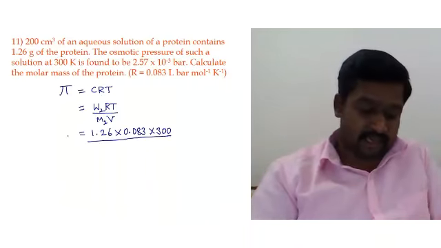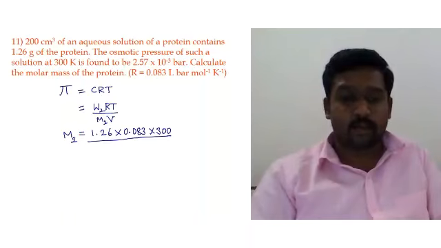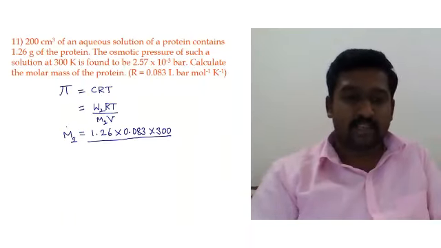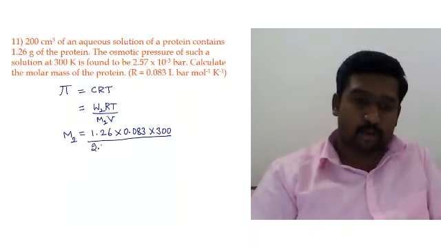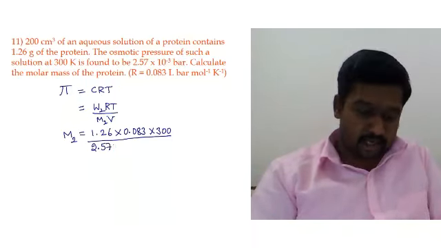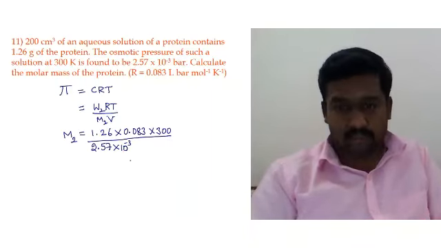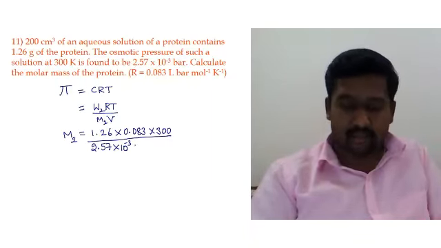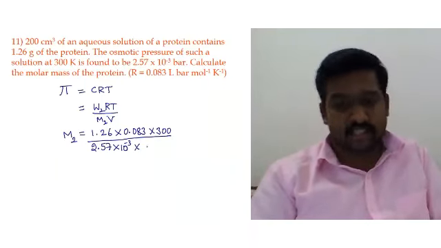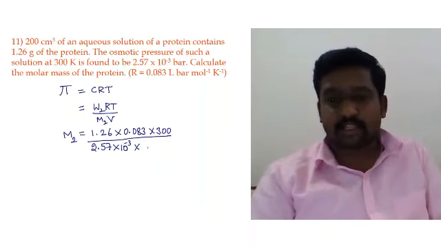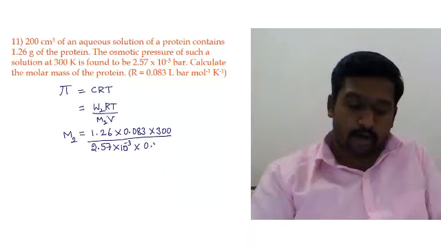I will consider directly pi here because I want to calculate molar mass M2. Cross multiply M2 to LHS, pi comes in place of M2, and the value of pi is 2.57 into 10 power minus 3. Pi here is osmotic pressure, not the constant pi value, okay, into the volume. Volume is 200 cm cube, so I must take it as 200 by 1000. 200 by 1000 is 0.2 liters.